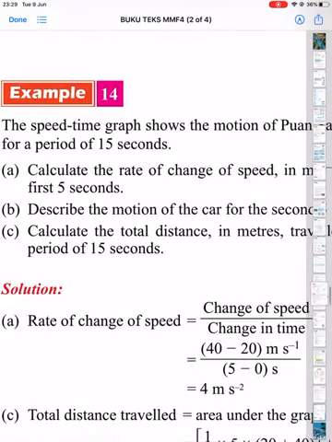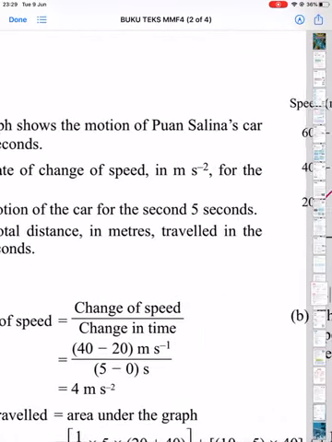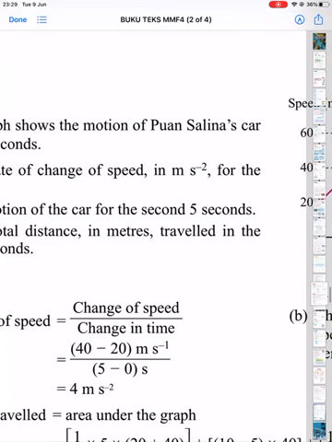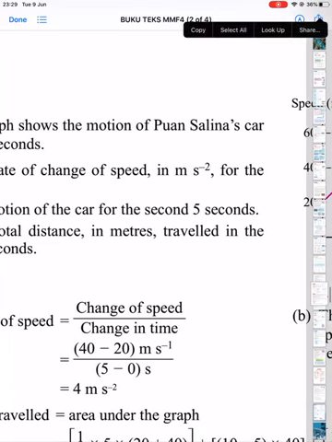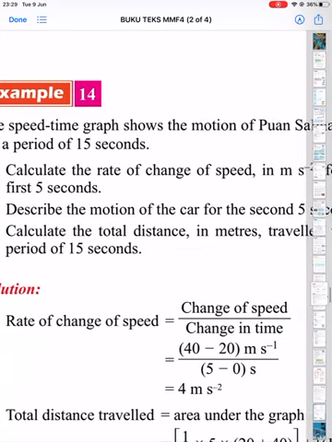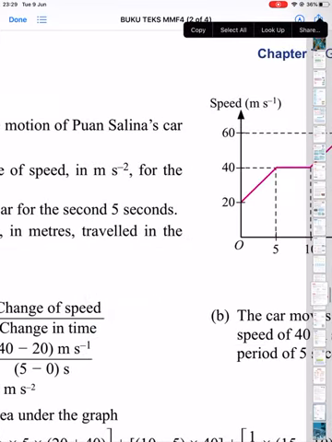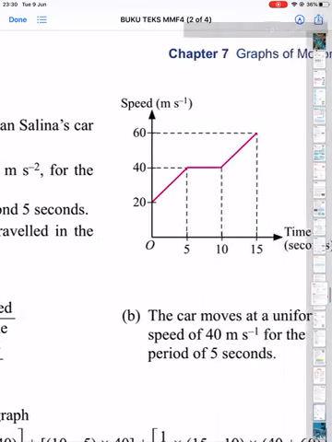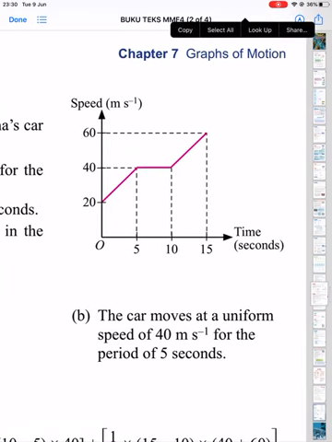Next, describe the motion of the car for the second 5 seconds. So for the motion, you have to talk about the speed and the time.